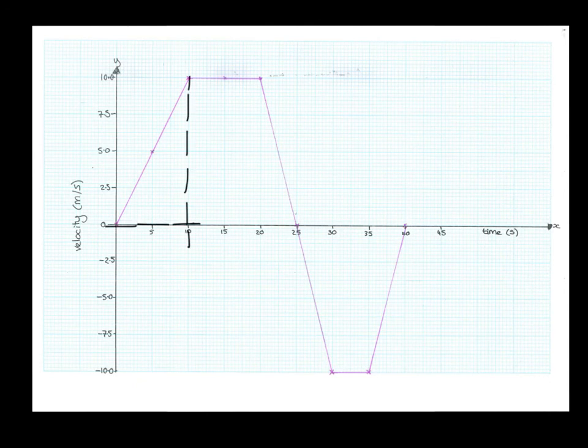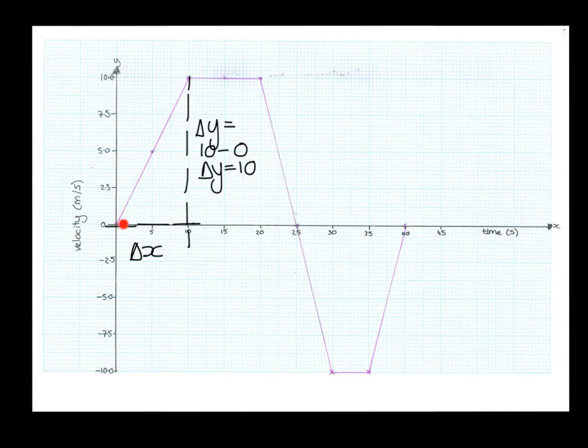So I've drawn in my triangle here. This is going to be delta y. This is going to be delta x. I read the values off between here and here from this scale, and I get this value here, that's 10, and this is 0. So delta y is equal to 10 minus 0, so delta y equals 10.